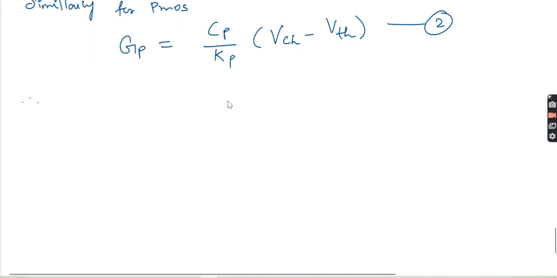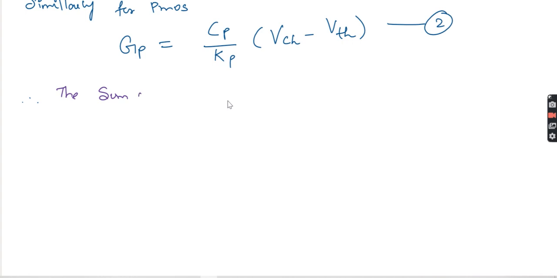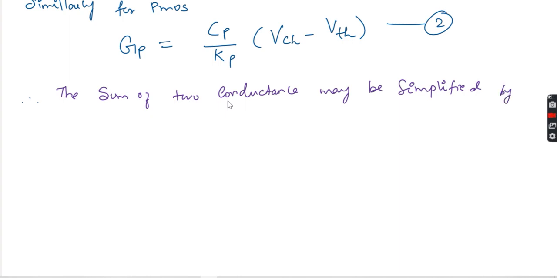Let me say the sum of two conductances may be simplified by selecting the width of the two MOS devices.